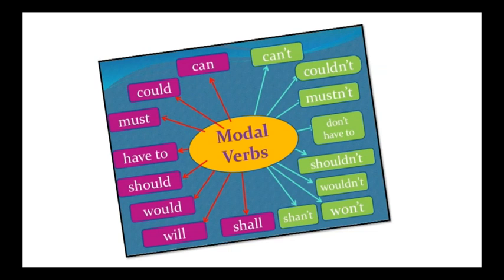Must i have to su vrlo slični, s tim što je must nešto što je vaše unutrašnje, nametnuto kao potreba. Have to je nešto što je propisano od strane nekog drugog. Negacija je don't have to, negacija od must je isto don't have to. Mustn't je zabrana. Znači, must je morati. Ako hoćete da kažete da nešto ne mora, rećete you don't have to.